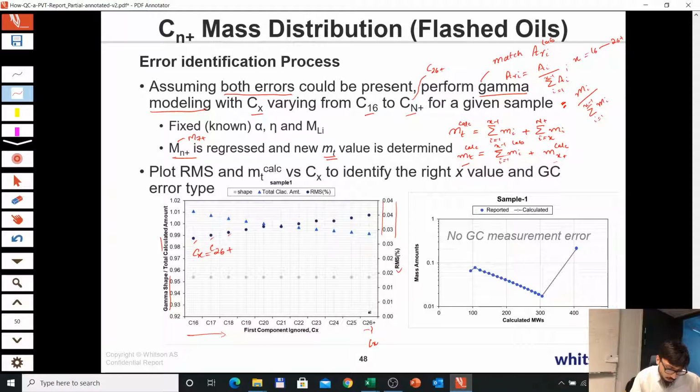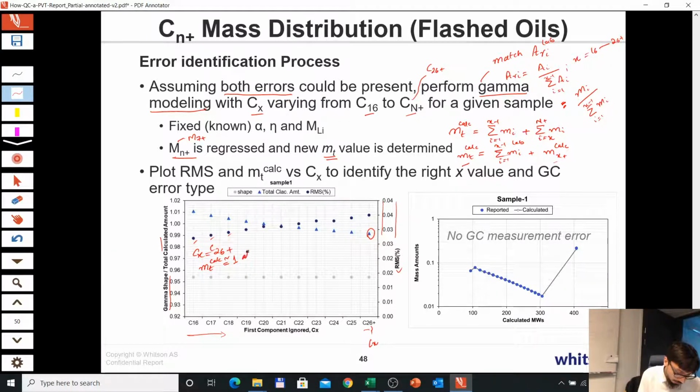We go out on this component and see what the calculated total mass is for this Cx, and that's this guy here. If you see, this number is very close to 1, 0.99 or 1.0, so the MT calculated is equal to 1 from this plot for this particular sample at this Cx value.